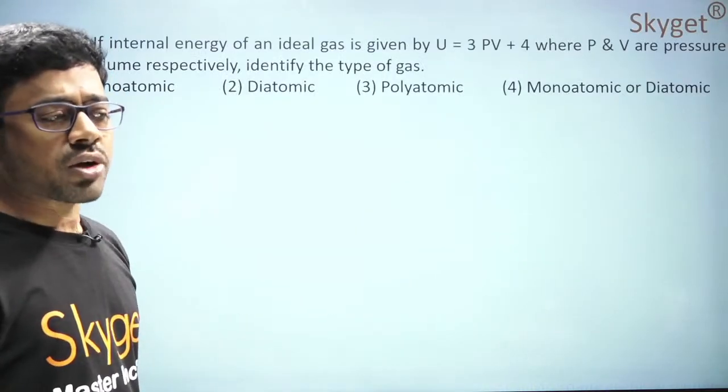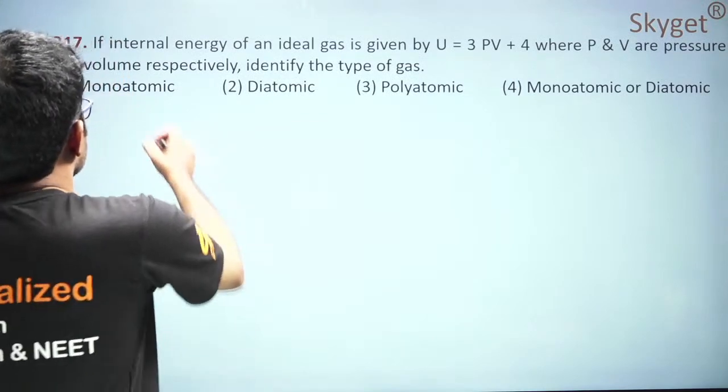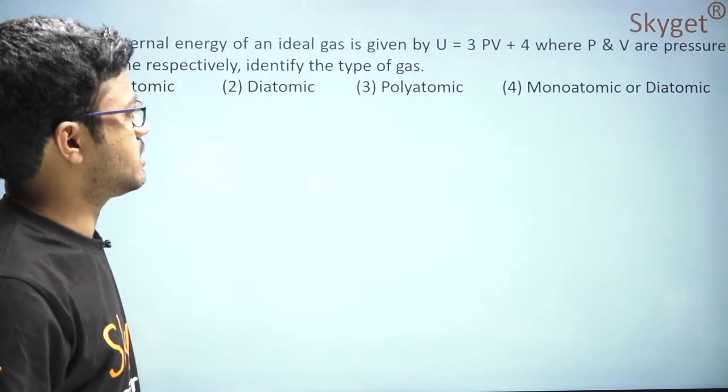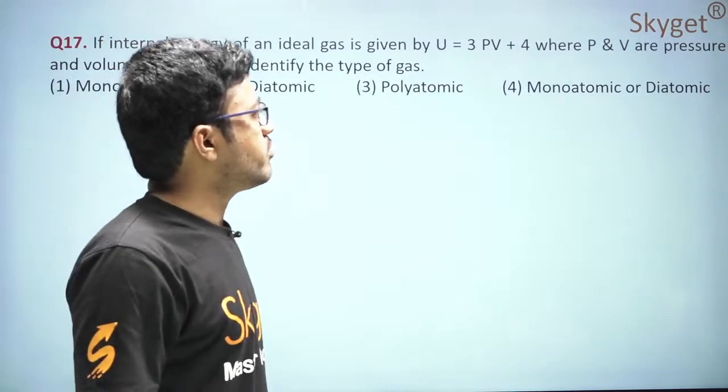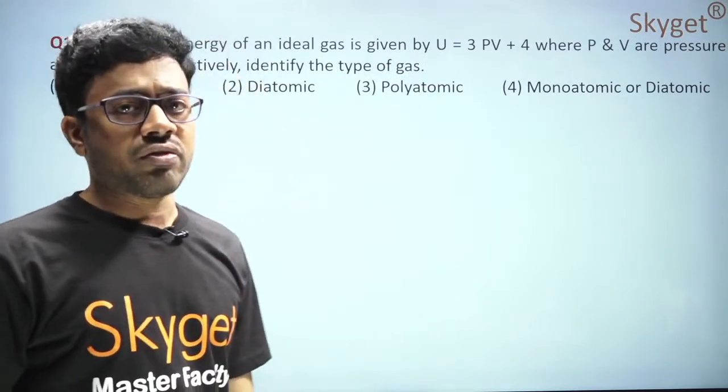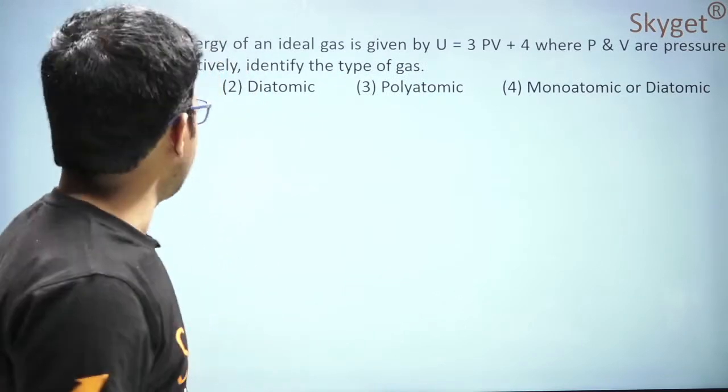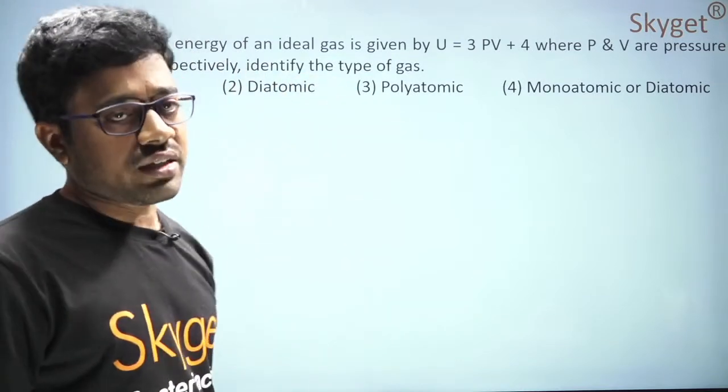Here we have problem number 17. He is saying that the internal energy of a gas is U equal to 3PV plus 4, where P and V are the pressure and volume respectively, so identify the type of gas.